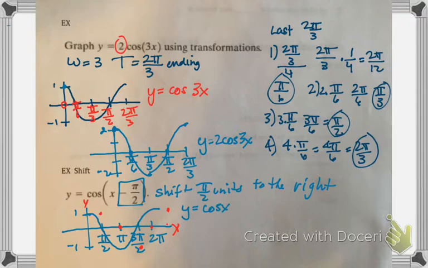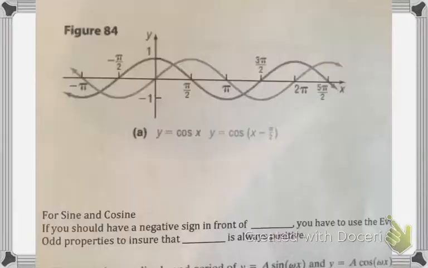So what's my graph look like? My graph looks like this. So if you're telling me right now that, hey, that looks like sine, you're right. So in red, this is sine x. So cosine and sine are very much related. In fact, both are called sinusoidal functions because cosine is literally just a shift to the right pi over 2 units.